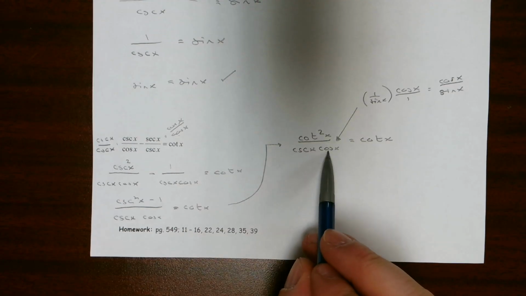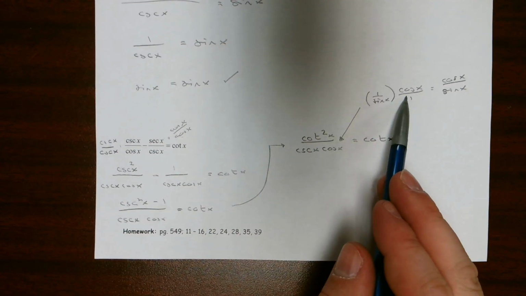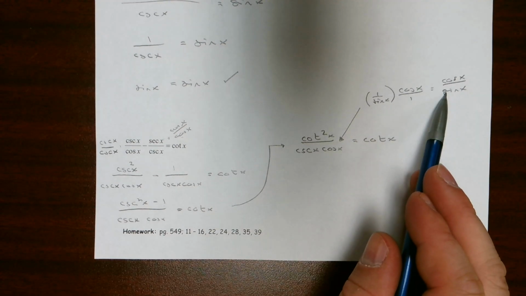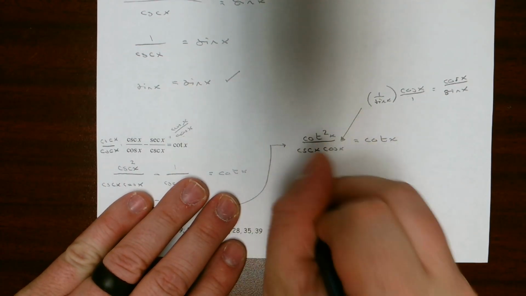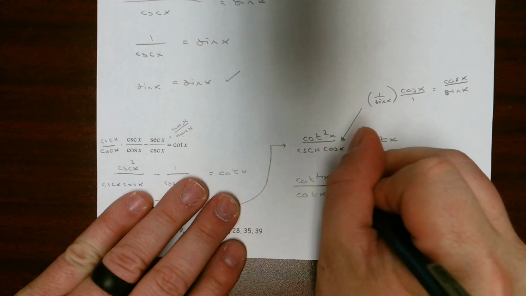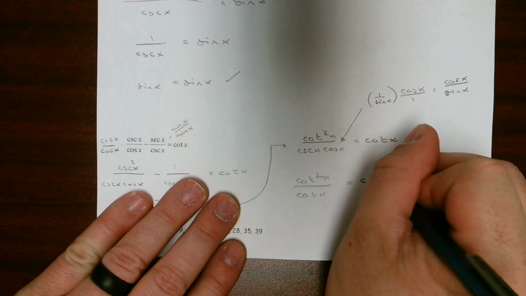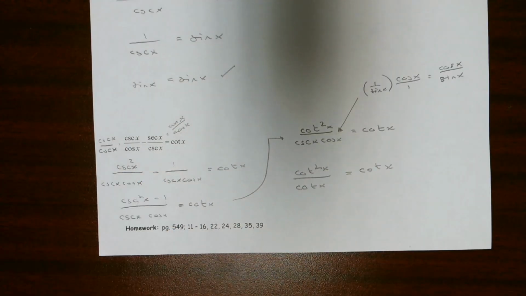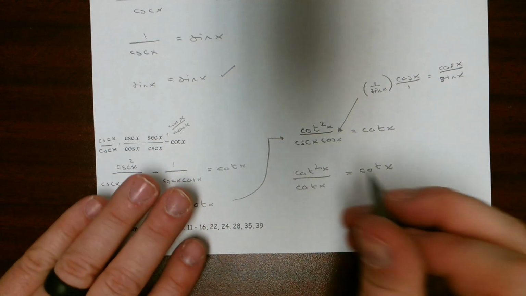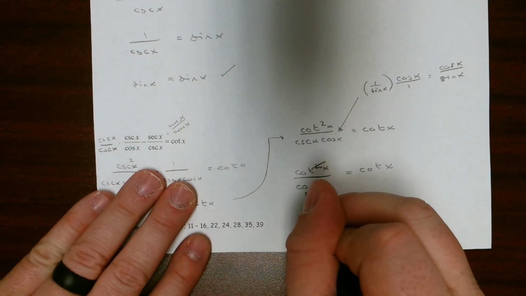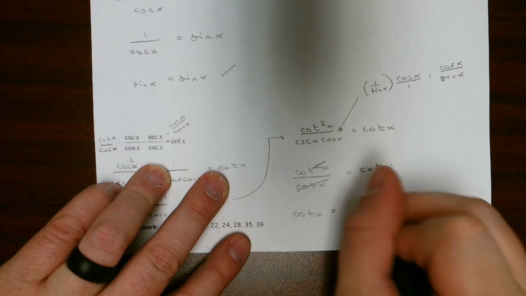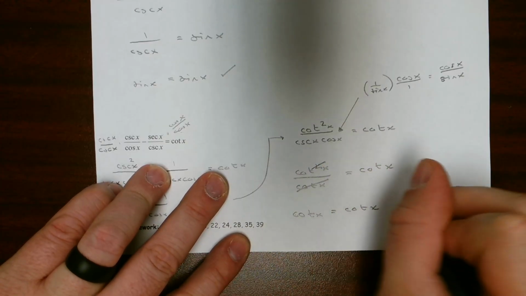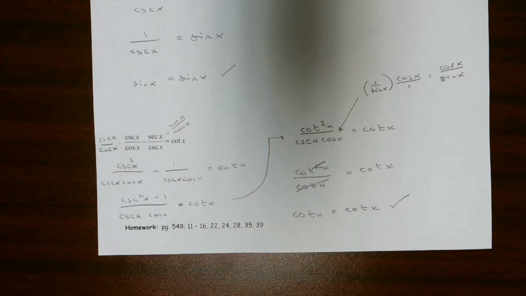So cosecant cosine is clearly cotangent. So we end up with the cotangent squared we had on top over cotangent on the bottom. Should be equal to cotangent. And simple power properties here: squared cancels out with the 1 on the bottom, and we're left with cotangent equals cotangent, and we are verified.